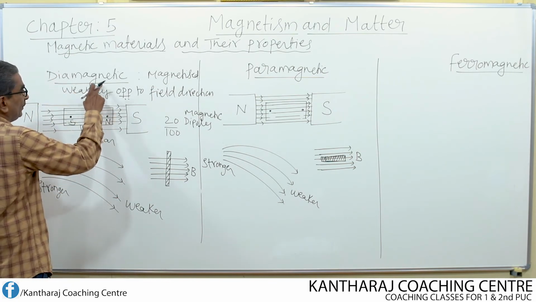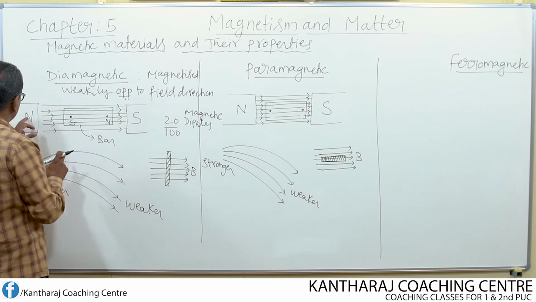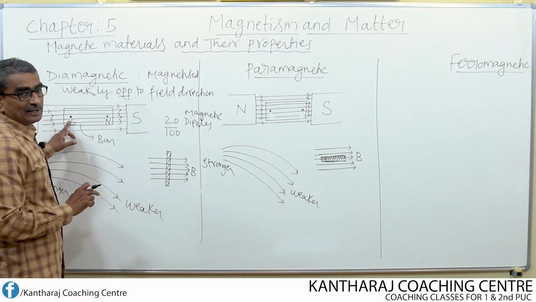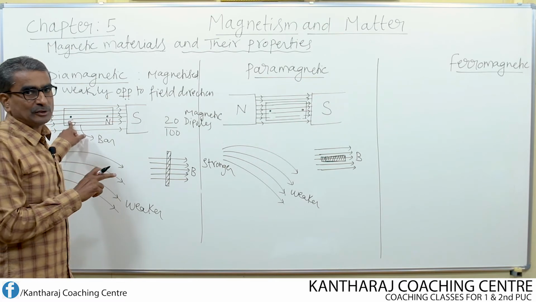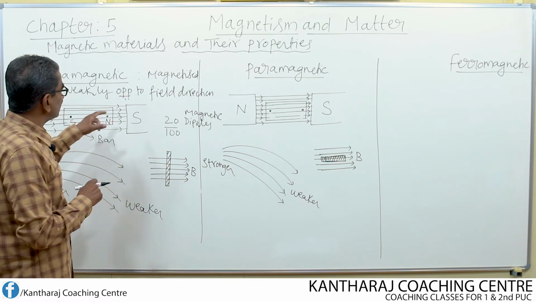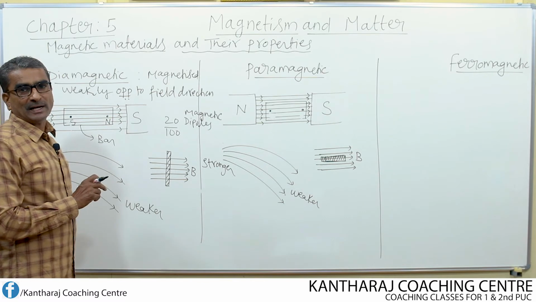That is the meaning of weakly. Opposite to means, if it is north pole here, then at this end which pole is developed? South pole is developed, because south is opposite to north and north is opposite to south. So that's the meaning of oppositely magnetized.